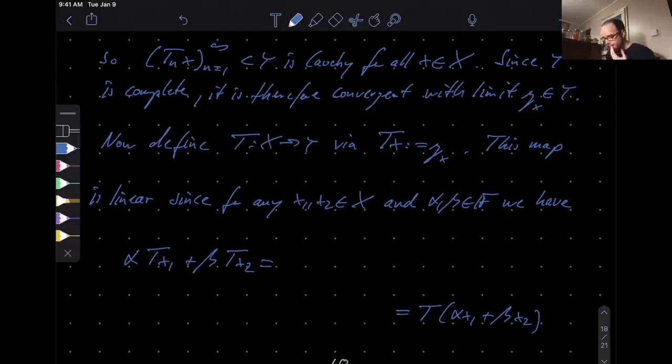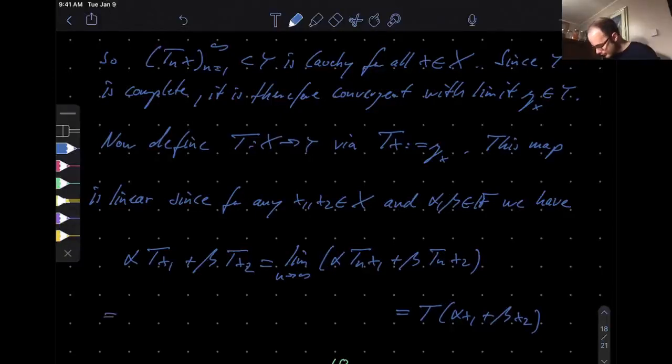Yeah, well, you have to remember, T of x, this is a limit, right? So we have that this is equal to the limit as n goes to infinity of alpha Tn x1, okay, plus beta Tn x2. Okay, yeah, but the Tn's, those were bounded linear transformations. Tn was a Cauchy sequence in the space of bounded linear transformations.